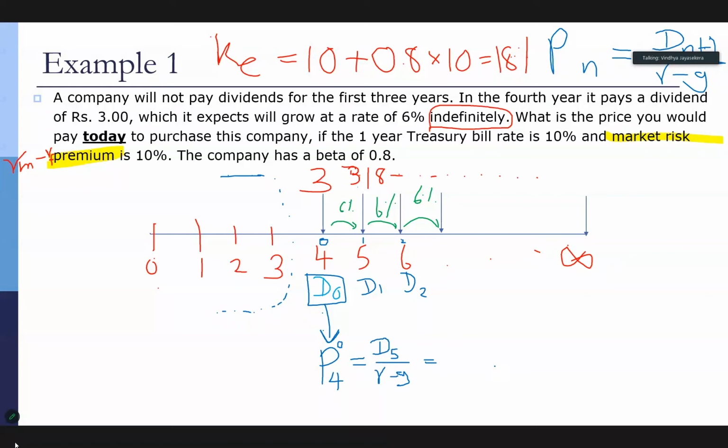D5 is 3.18, divided by R. R is 18%, minus G. G is 6%.